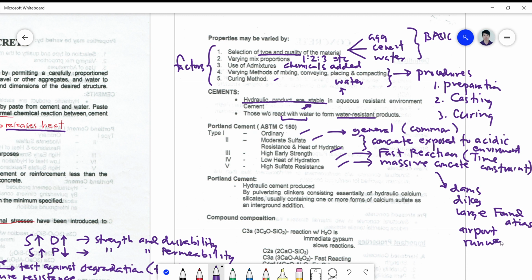In short, when the concrete volume is very big, then you use a low heat of hydration type of Portland cement.